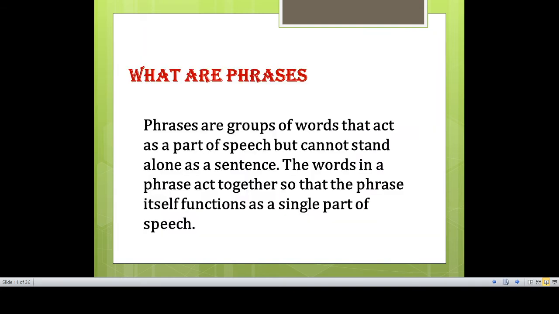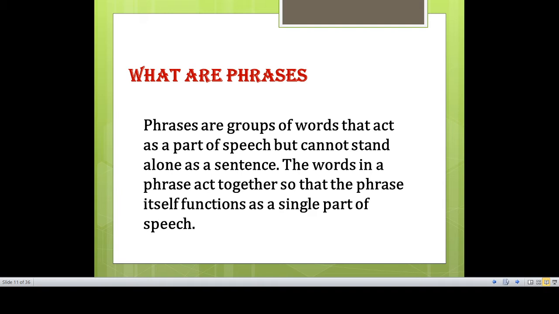Look at this. A phrase. What is a phrase? Phrases are groups of words that act as a part of speech, but they cannot stand alone as a sentence. The words in a phrase act together so that the phrase itself functions as a single part of speech.